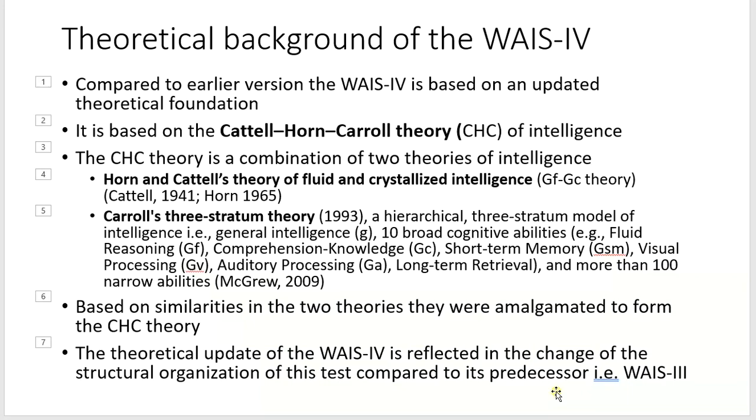The Horn and Cattell theory, which you might have learnt in your earlier classes, differentiated between two types of intelligence, fluid intelligence and crystallized intelligence. Fluid intelligence is the inborn mental ability which is less influenced by schooling, environment, or other things, whereas crystallized intelligence is influenced by schooling, sociocultural environment, and many other factors.